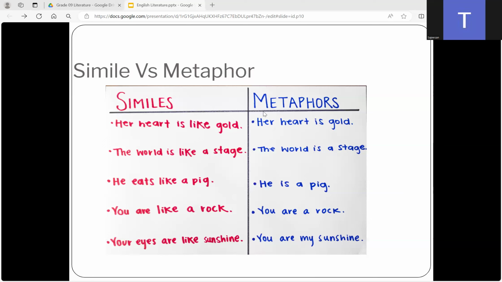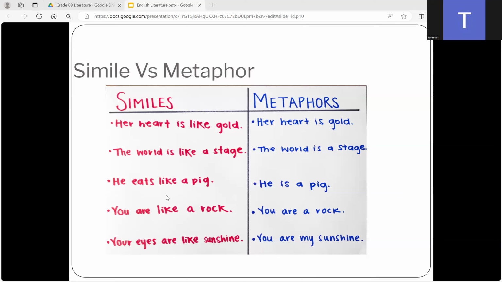But here, her heart is gold means gold is equal to heart, heart is equal to gold. The heart is figurated as gold. So what are the common factors? You can find out from gold: everlasting, valuable, respectable, ceremonial. So her heart is also the same.